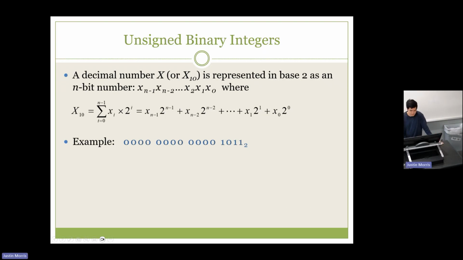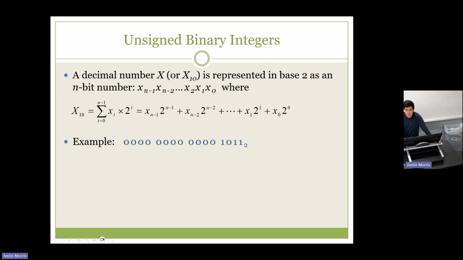So 2 to the power of 0 is 1. So I add 1. 2 to the power of 1 is 2, so I add, so I have 3, right? And then I have a 0 here, so 2 to the power of 2 is not going to be added. And then 2 to the power of 3 is 8.